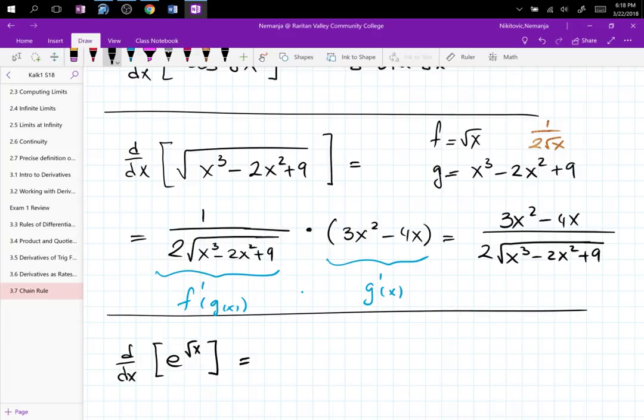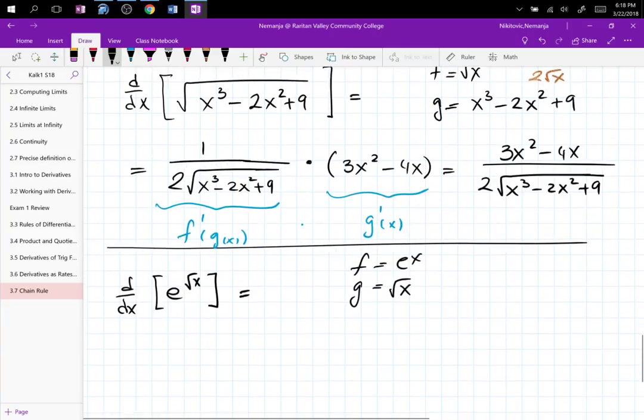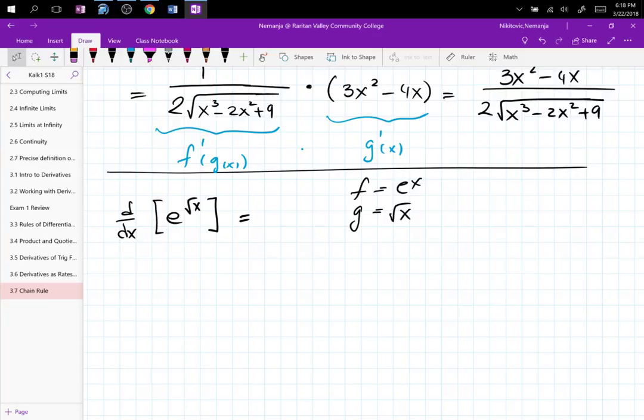Ready? What do you have? Very good. So we start with f of x is e to the x, and g is root x. The derivative is e to the root x over 2 root x. Two root x, not squared, 2 root x. All right, that's it.